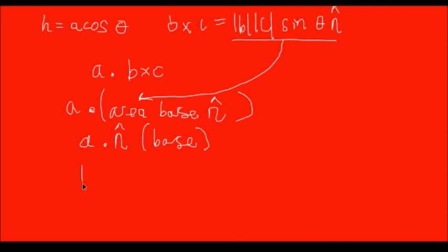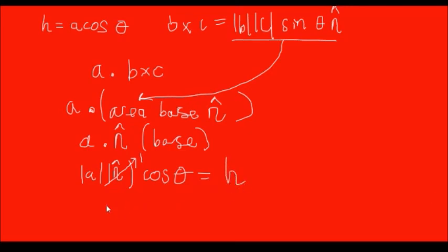a dot n is equal to the magnitude of a times the magnitude of n times the cos of the angle between them. Now, since n is a unit vector, its magnitude is 1, and we've got the magnitude of a times cos of theta, where theta is the angle between a and n, which is the same angle as is between a and h, so this is equal to h.